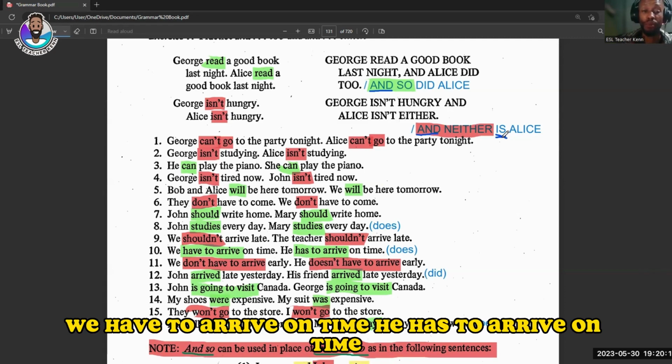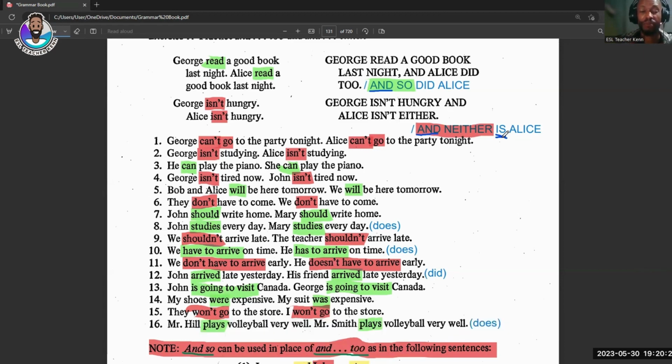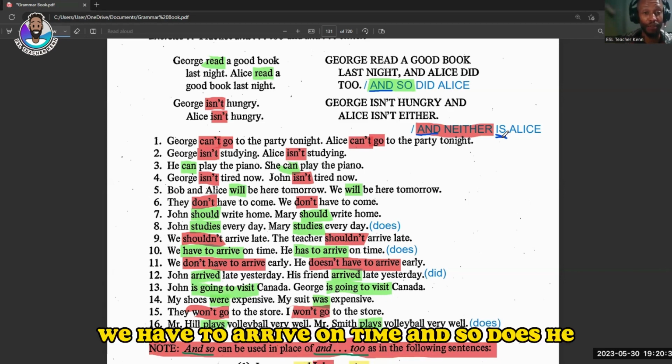We have to arrive on time. He has to arrive on time. We have to arrive on time, and so does he.